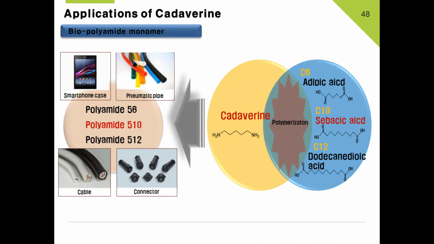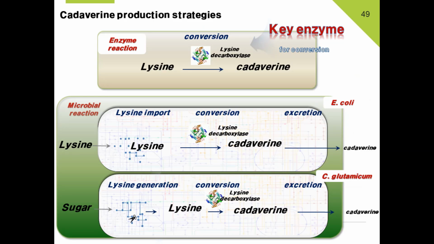Now, cadaverine production strategies firstly involve just one key enzyme for the transformation of lysine to cadaverine, which is lysine decarboxylase. In E. coli, lysine is converted to cadaverine naturally because E. coli has lysine decarboxylase genes.